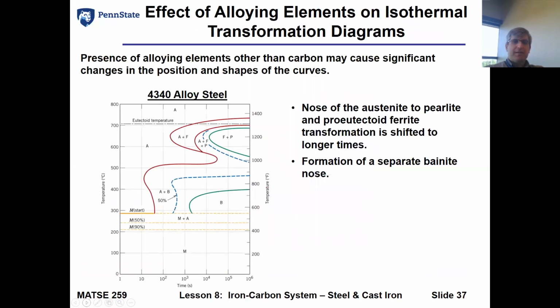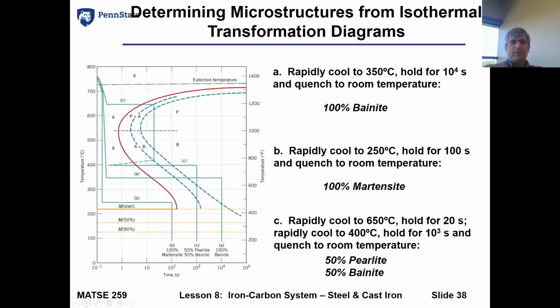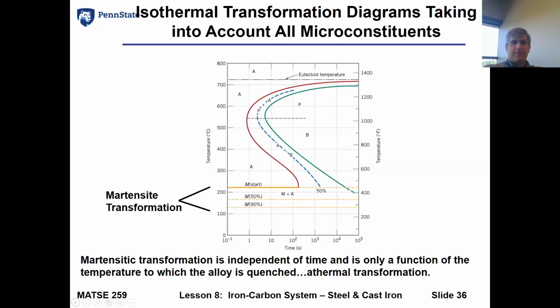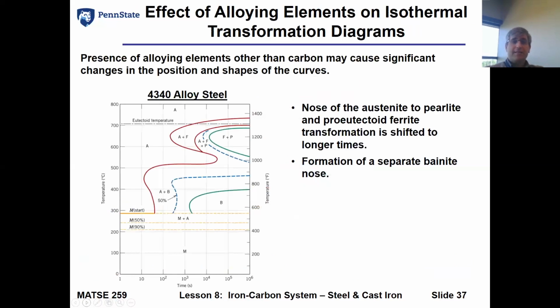And what you tend to see here is if we change the alloying elements, we can change the shapes of these curves. So this is just a simple plain carbon steel. Now, if you make an alloy steel, we know from our discussion the last time that the two numbers in front tell us that there are some other alloying element additions. In this case, there's the addition of chrome, nickel, and molybdenum.